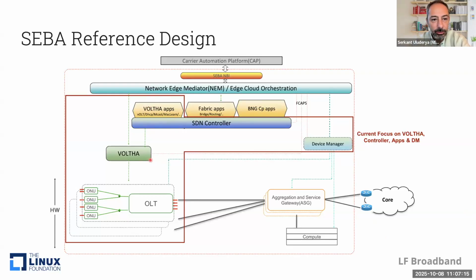Below that, we have VOLTHA. You can see that you have the typical PON devices like OLTs and ONUs, and they are all aggregated to the fabric switch, and those fabric switches are connected to the compute nodes so that these applications can be installed in these compute nodes and communicate with each other.